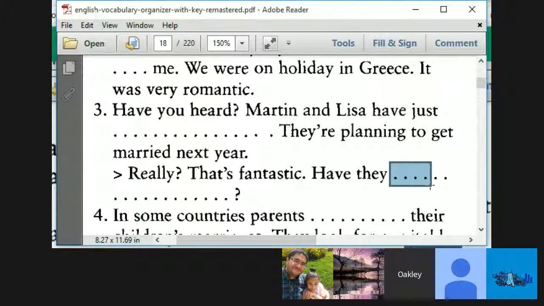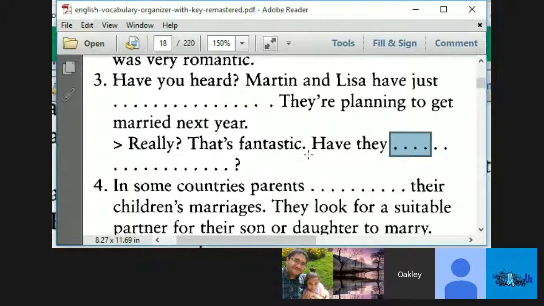This phrase, "have they set a date," can refer to any kind of date or planned time, but when you hear this, I immediately think of weddings. When is the wedding going to happen? Have they set a date yet? Very common question when you hear that two people are going to get married.